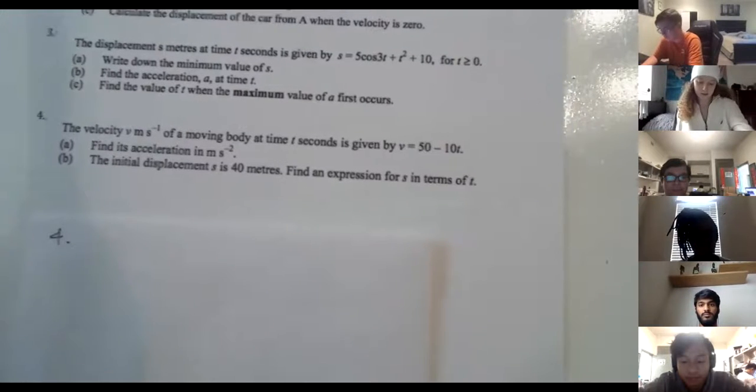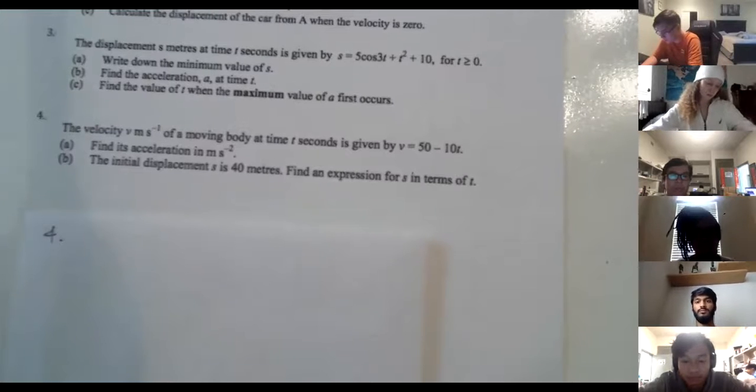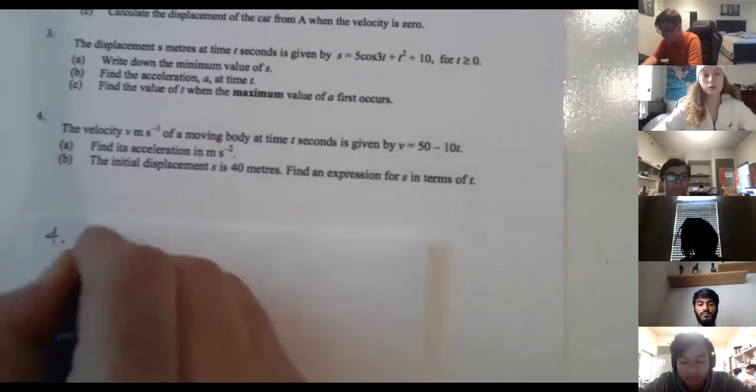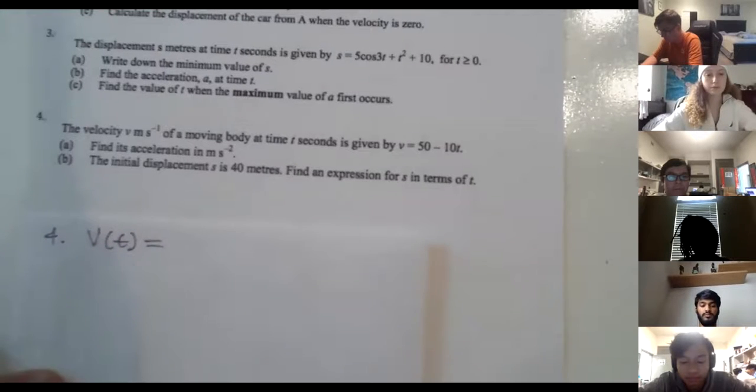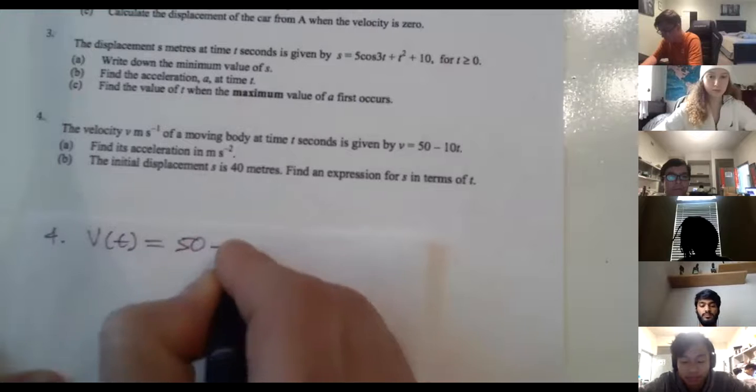Number 4, right? It says the velocity in meters per second of a moving body is given by this function. So in this problem, they give us the velocity: 50 minus 10t. All right? And they say find the acceleration. That part is simple. What's the relationship between the acceleration and the velocity?